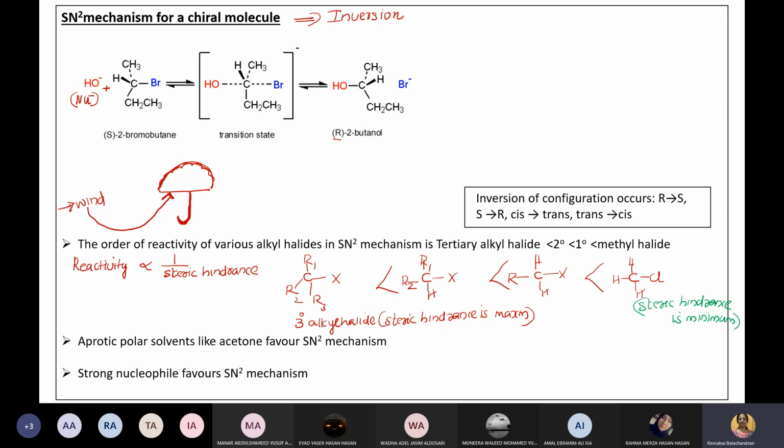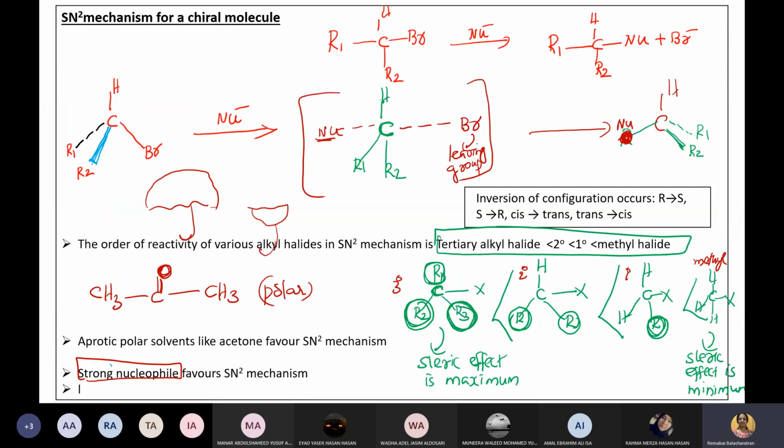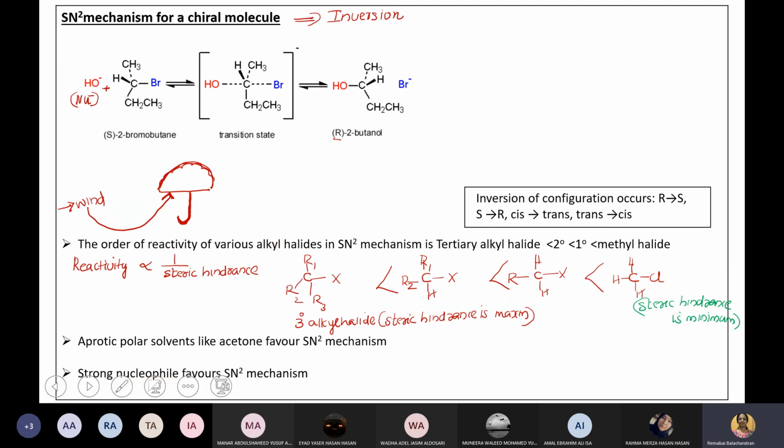Then other points. Aprotic polar solvents. Aprotic means no proton, but it's polar. Example, acetone. This is a polar solvent, but it's not protic.